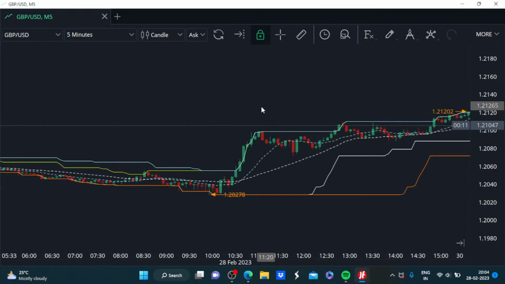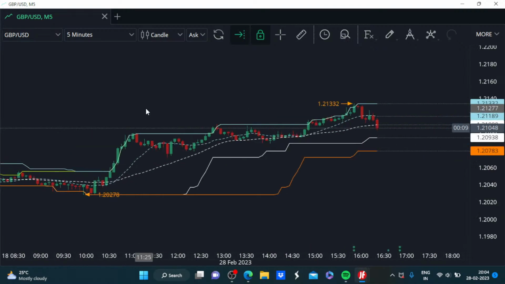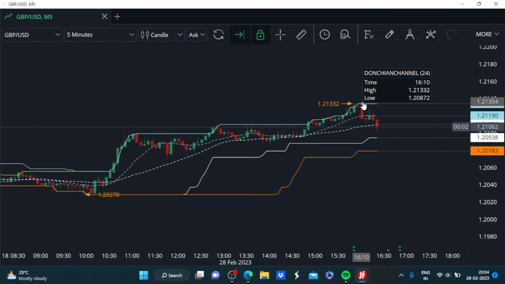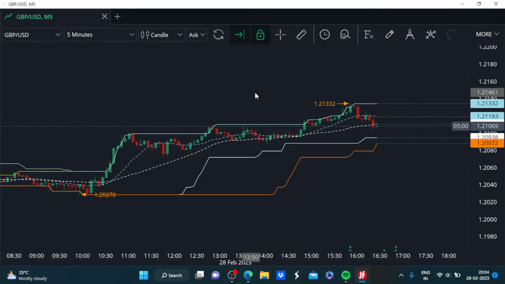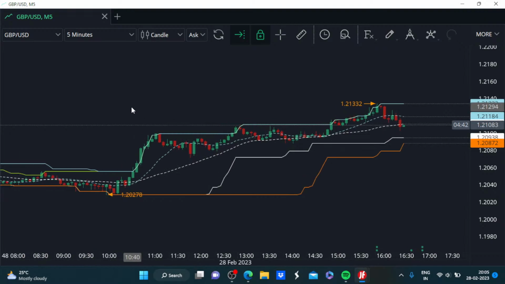Even in today's session, the gains for the GBP were much more solid in comparison to the other major currencies. So it has gone on to rise beyond 1.21, and it has made the day's high at 1.2133. So that's quite a solid move in today's session, almost close to 1 percentage point from the day's low to the day's high.